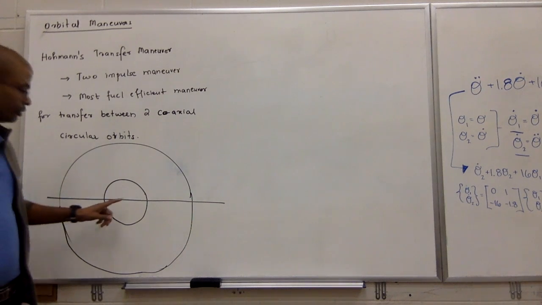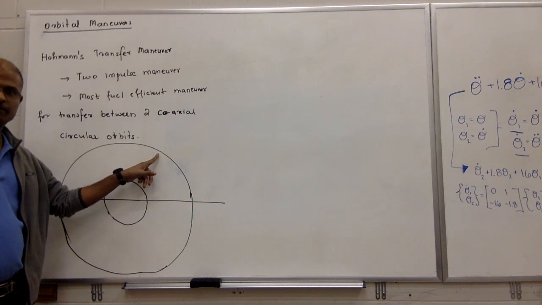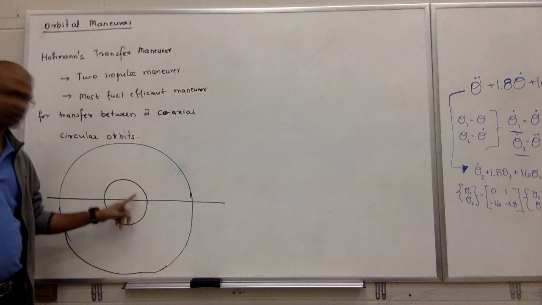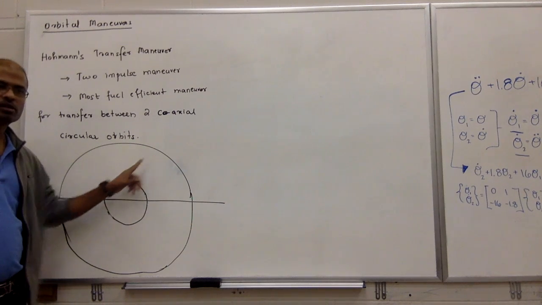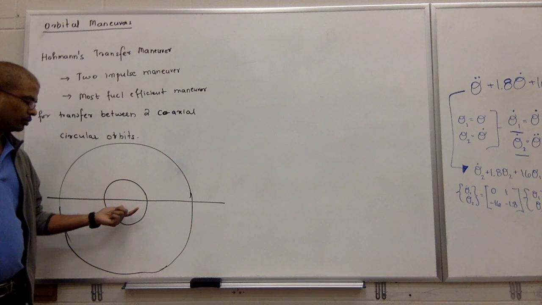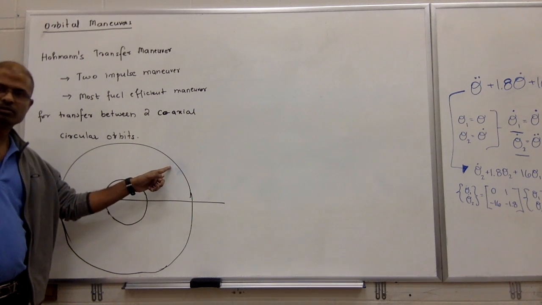Okay. So what you do is, if you want to go into, let's say, a 10,000 kilometer orbit, you will go into, let's say, these both are circular orbits. So what is the perigee radius of this? It's 5,000. Wait, the radius?